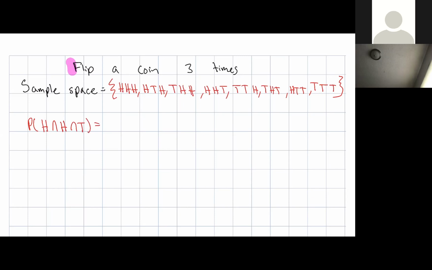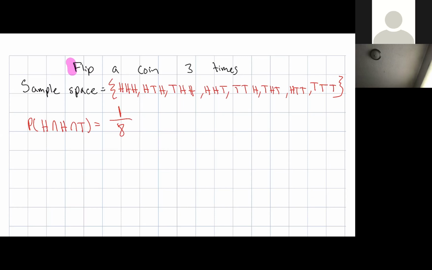All right. So how many outcomes in our sample space give me HHT in that order? 1. Yeah, so there's 1. Out of how many total? 8. Cool. So you get 1 out of 8.